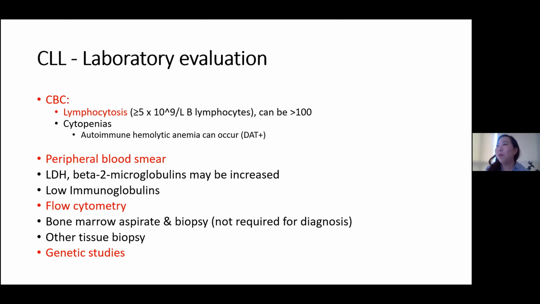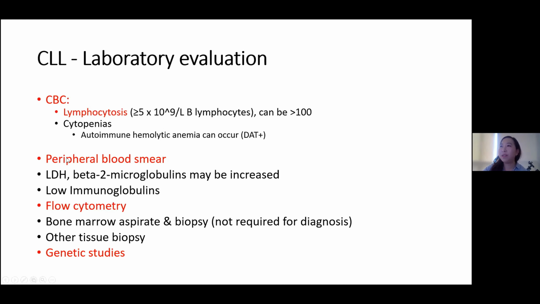And you can have cytopenia because of this malignant lymphocytes infiltrating the bone marrow and suppressing other cell production, like your red cells and your platelets will be low. And we talked about that you can also have complication in the form of autoimmune hemolytic anemia, and that's usually DAT positive. So if you see the morphological signs of hemolysis, you can do your hemolytic workup, including the DAT.